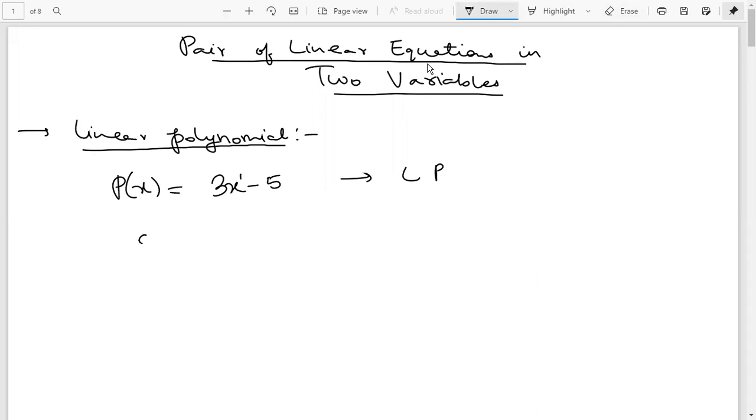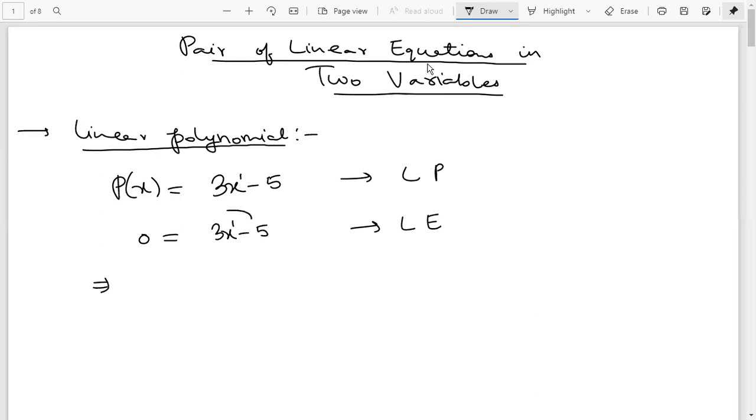And if we keep this p(x), 3x minus 5, equal to 0, then it becomes a linear equation. When p(x) becomes 0, it becomes a linear equation. Once we get the linear equation form, we can find the zero's value. Here the power of x is 1, so there will be 1 zero, and that value of x we can find. How?